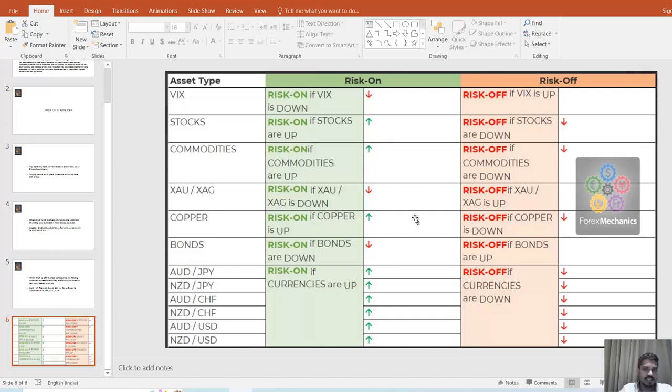And when the risk is off, the money will move from riskier assets into something which is less risky, right? So if we look at the general situation, we have risk on and risk off, and these are the different asset types. We will talk about this right at the end. Here we have something that I have for the currency market, which we will also talk about in the end.